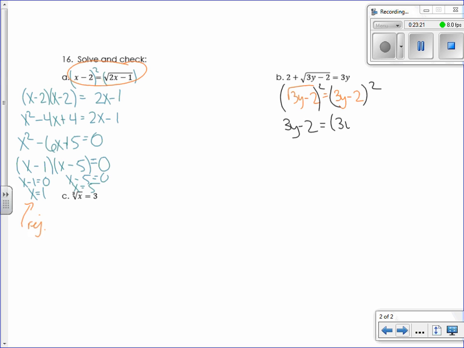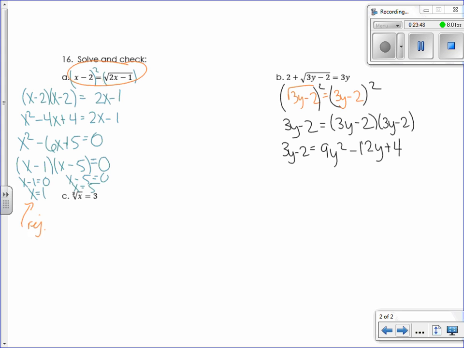On the right, I'm going to have to do some foiling. And that is going to give me 9y squared minus 12y plus 4. And just like for part A, I have a quadratic.